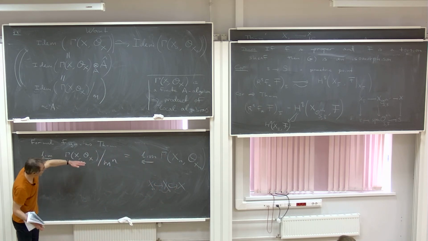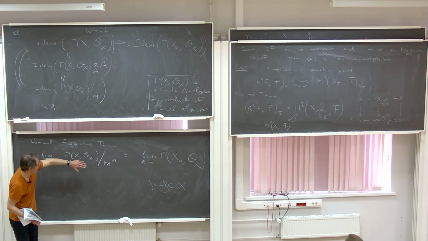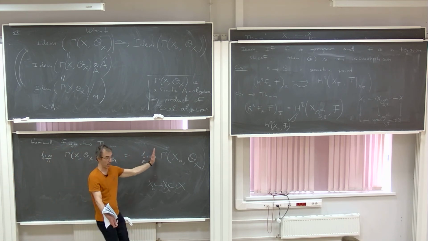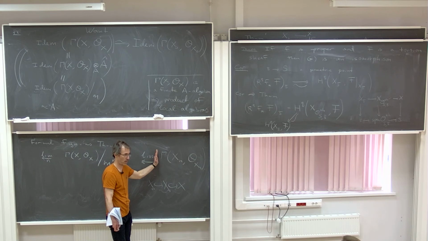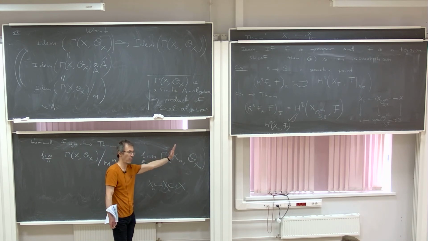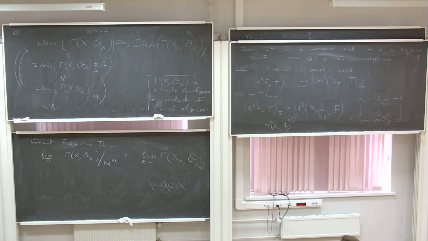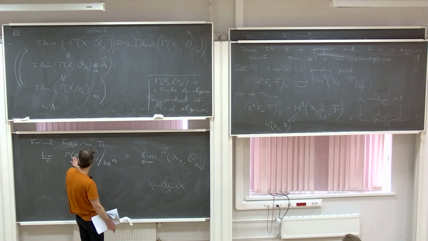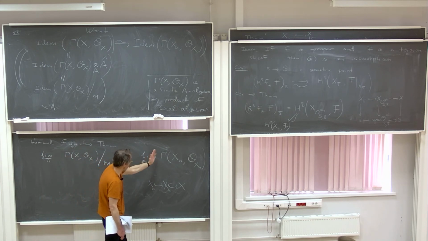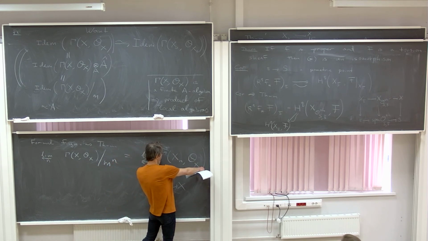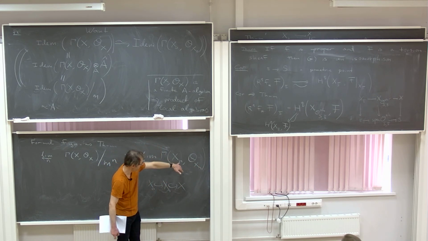So it's not true what you could expect, that this guy is just equal to this. This is not true in general. But when you pass to the completion, when you pass to the limit, it's true. This is proven in Hartshorne's book. So now, in particular, since idempotents in all these guys are just idempotents in x0, right?